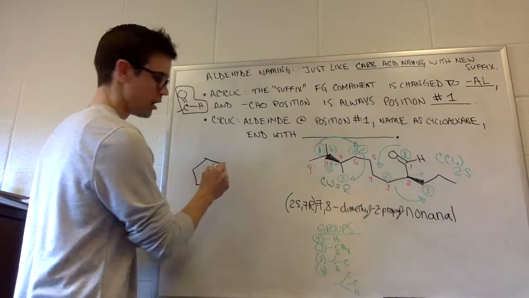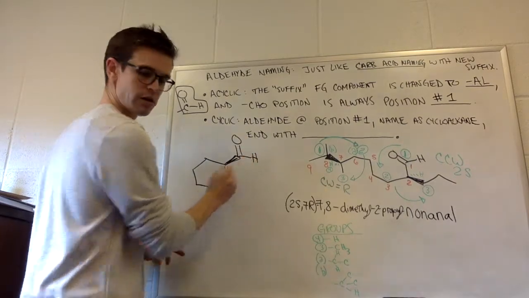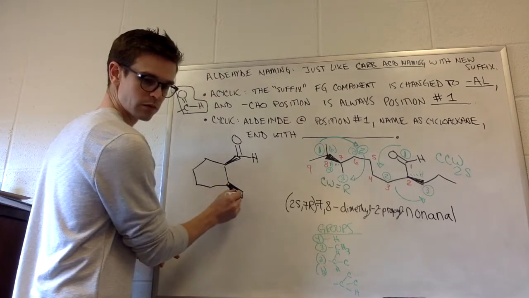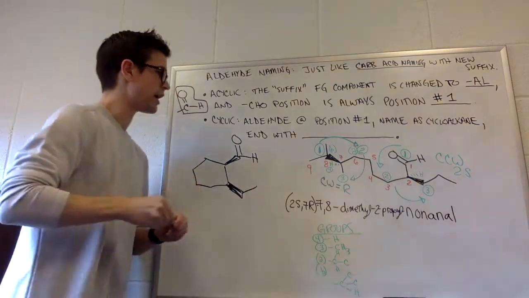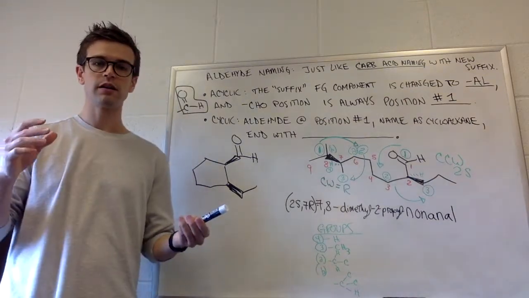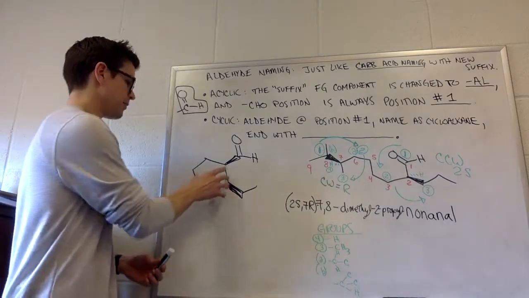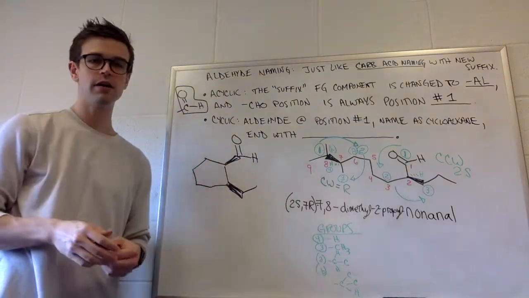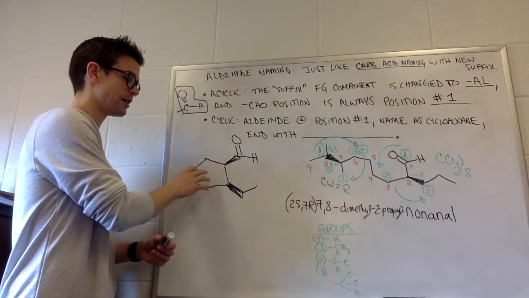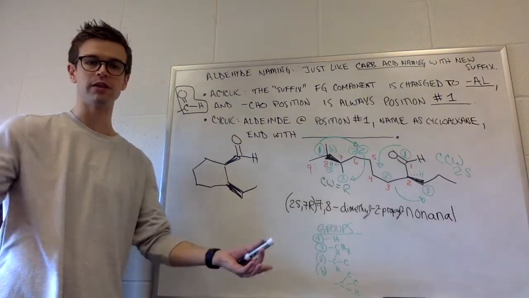So the one on the first page of your notes looks like this. And we haven't really filled in our cyclic system yet. As far as carboxylic acids, if this was a carboxylic acid instead of an aldehyde, we would name this as a cycloalkane with this is position 1, and we would just end with carboxylic acid.